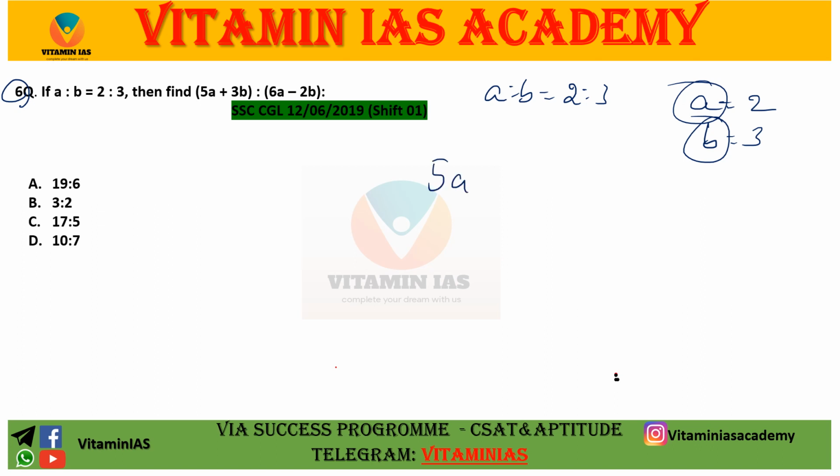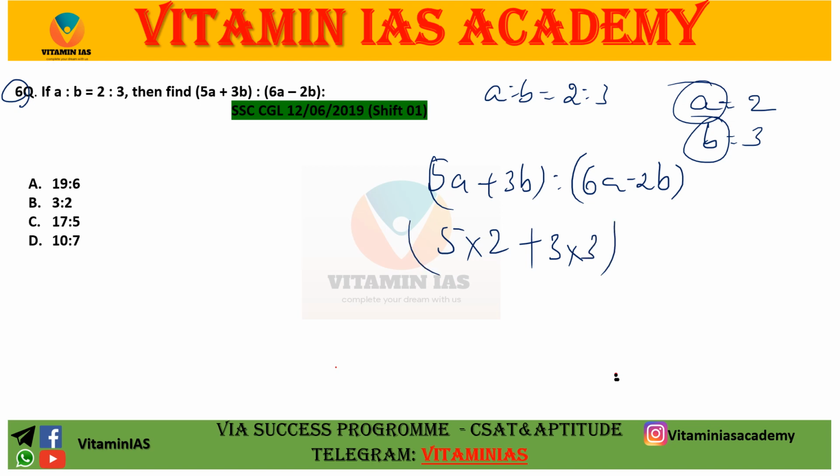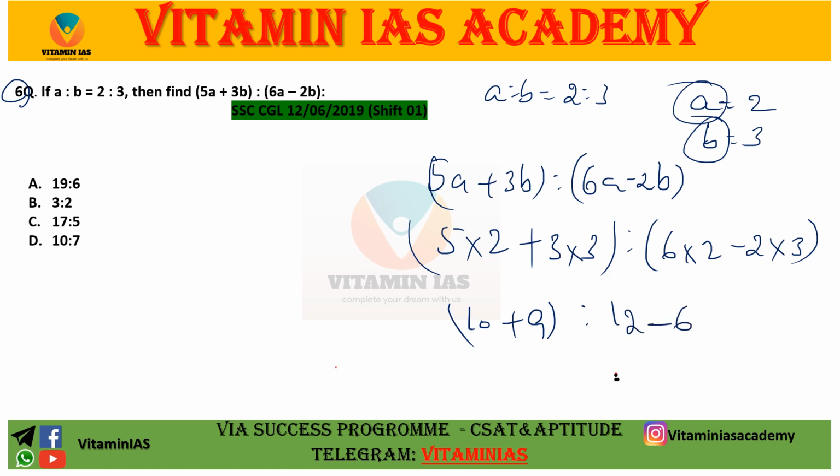So 5A plus 3B is to 6A minus 2B. Here 5 into A means 5 into 2, plus 3 into B means 3 into 3, is to 6 into A value 2 minus 2 into B value 3. Then what will be the answer here? 5 2s are 10 plus 9, is to 6 2s are 12 minus 6.